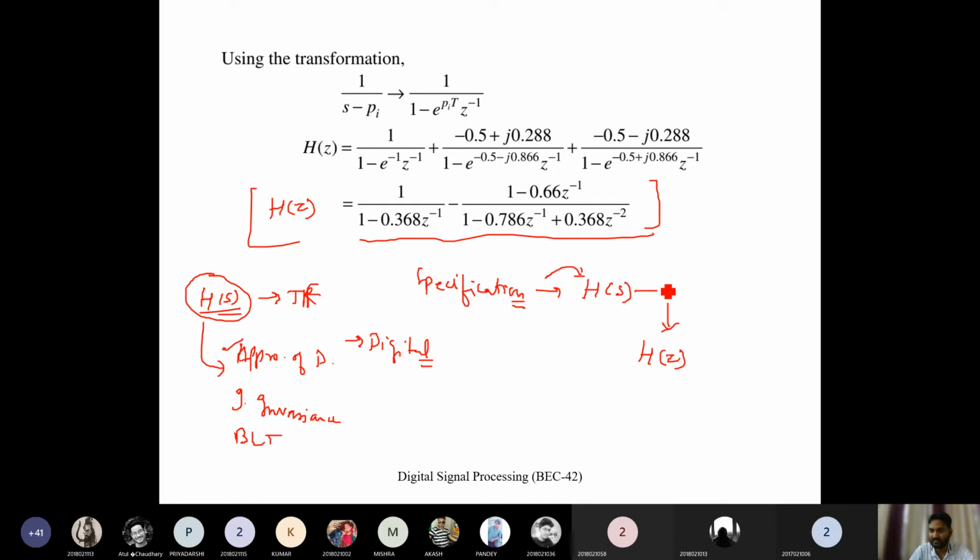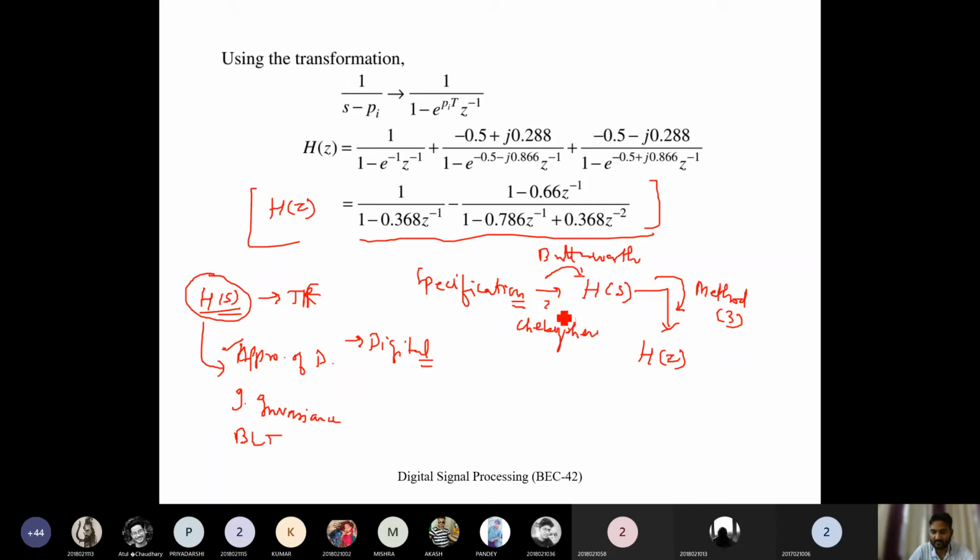Once we have converted it into an analog filter, we will convert it into a digital filter by using the different methods we have gone through. These three different methods are there. While converting from specification to an analog filter, we will use either the Butterworth or the Chebyshev filter method.